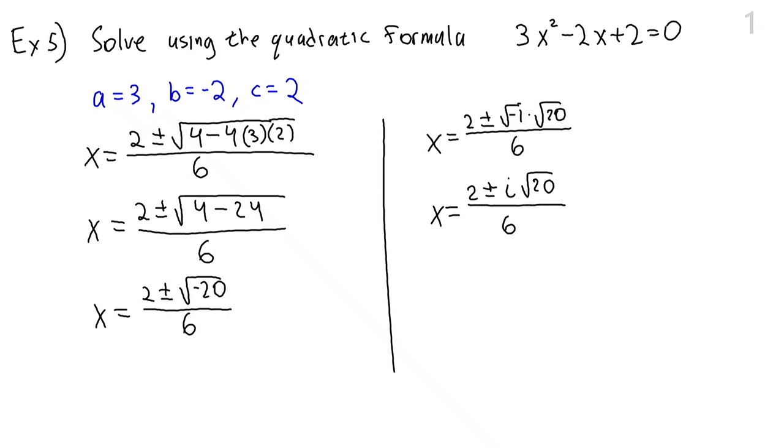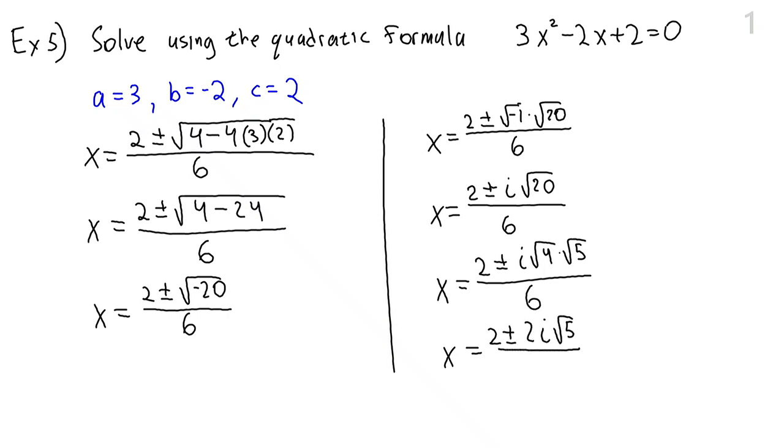Now radical 20 is not in its most simplified form. This is x equals 2 plus or minus i times radical 4 times radical 5 divided by 6. So we have x equals 2 plus or minus 2i radical 5 divided by 6.